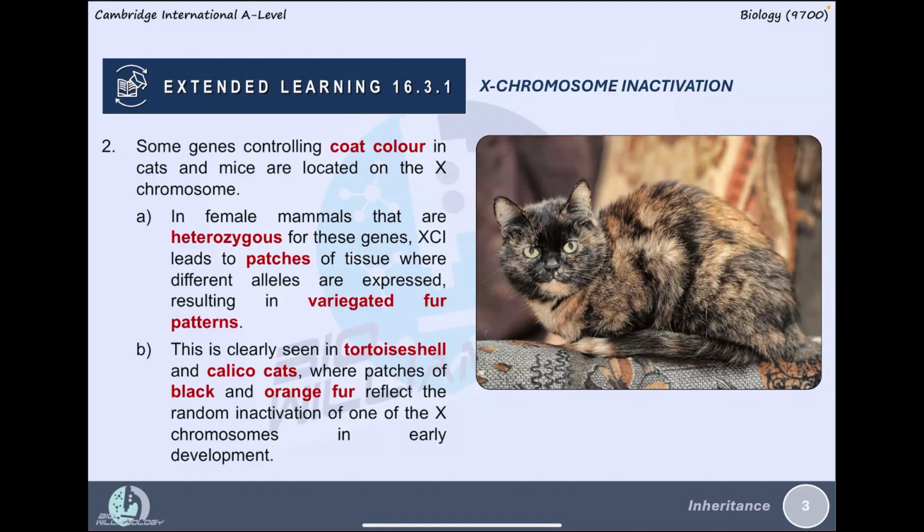Another group of cells express the black fur color allele in their descendants. Therefore, when you look at this kind of cat, immediately we know it must be female, because X chromosome inactivation won't take place in males. Correct or not? Because the gene can only be found on the X chromosome, but not the Y chromosome.